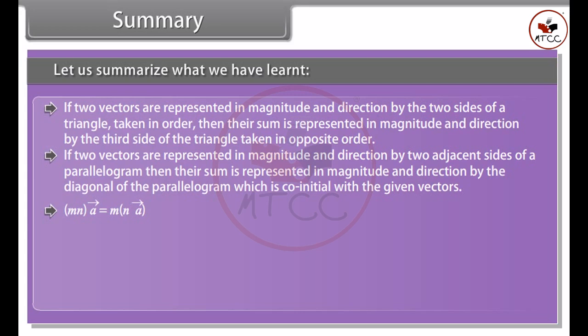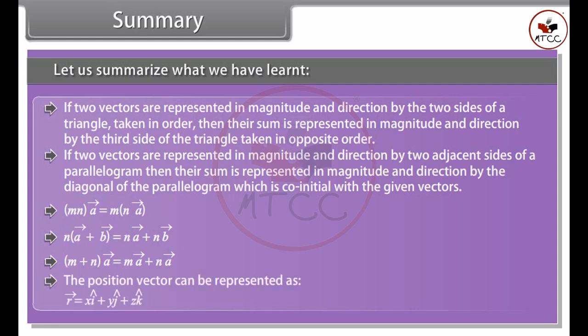mn times vector A equals m times (n times vector A). n times (vector A plus vector B) equals n vector A plus n vector B. (m plus n) times vector A equals m times vector A plus n times vector A. The position vector can be represented as vector R equals x i plus y j plus z k.